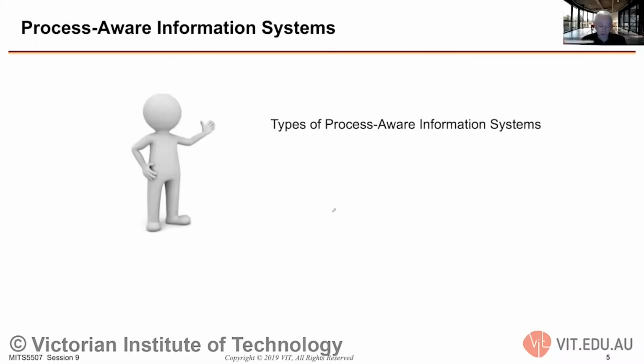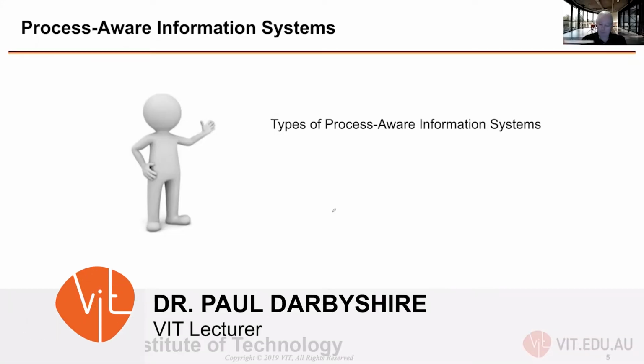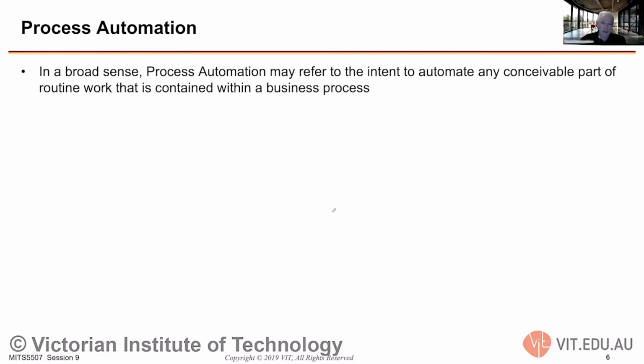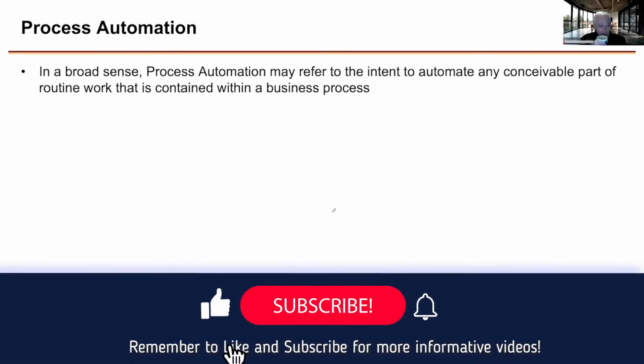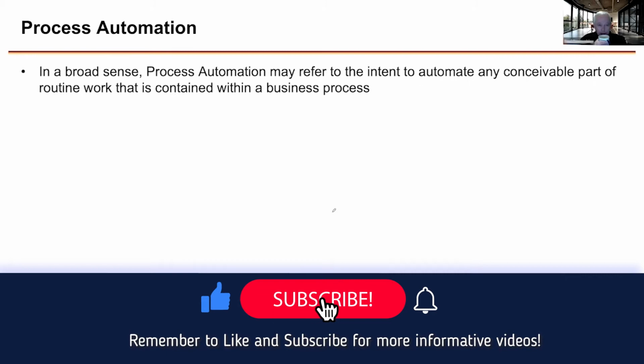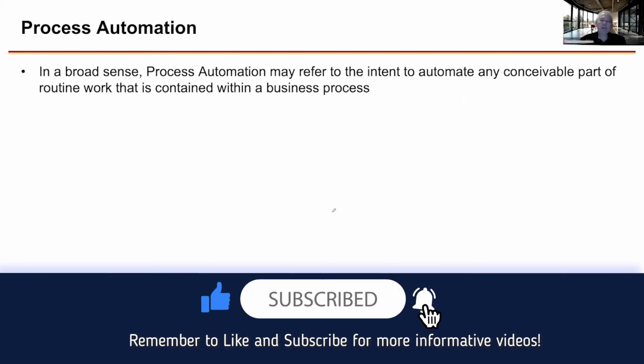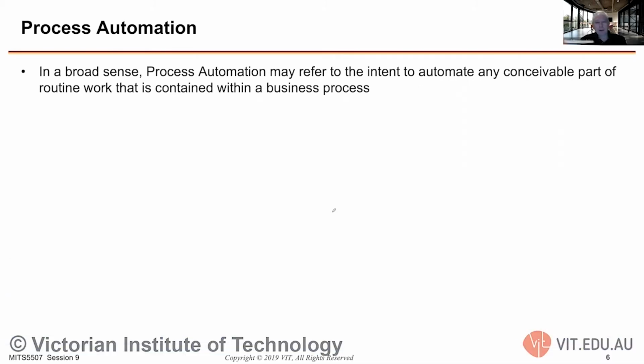...or types of process-aware information systems. Now, when we talk about process automation in a broad sense, it refers to any intent we have to automate any part of a piece of routine work that's contained within the business process.